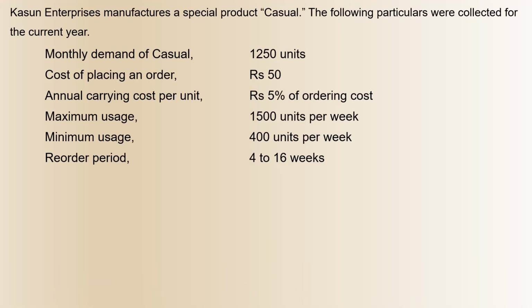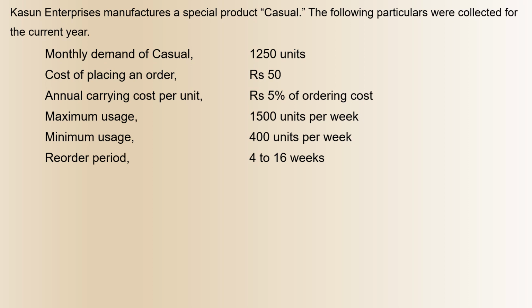So now let's look at this question. Kasun Enterprise manufactured a special product called casual, and the following particulars were collected for the current year. Here, rather than giving the annual demand, they have given the monthly demand, so it's 1250. Then cost of placing order is 50 rupees and carrying cost per unit is 5% of the ordering cost.